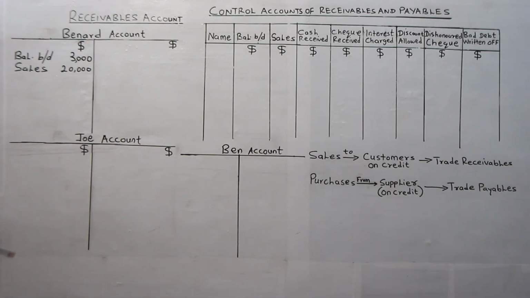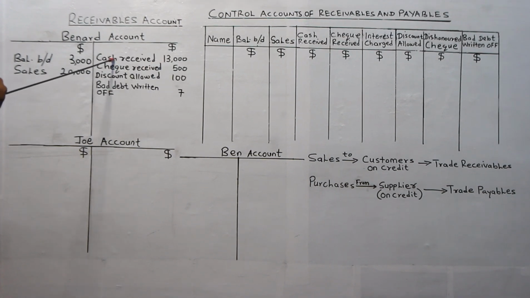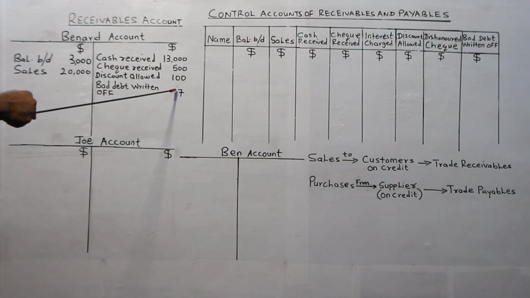The transactions that will reduce the amount that Bennett is owing will be credited, and this includes, among others, cash received $13,000, check received $500, discount allowed $100, bad debt written off $7.